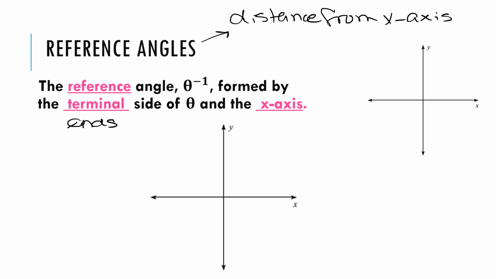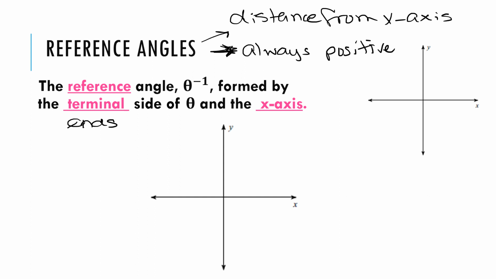So I'm always going to be looking above or below just the x-axis. Since it's a distance, and again, we're talking about angles in radians or in degrees, it always has to be positive. So even if you get a negative answer, then you need to give me the positive of that value.